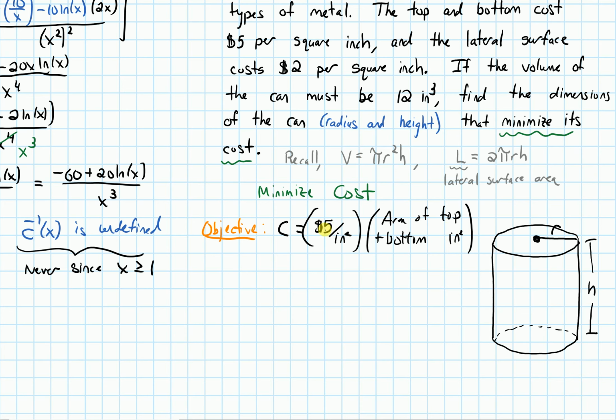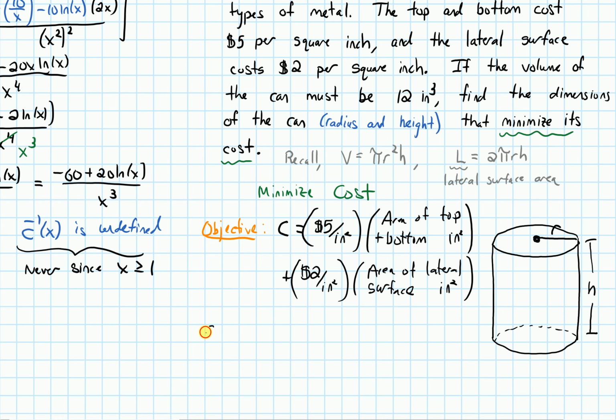This is the cost for the top and bottom. Then I add how much the lateral surface costs. It's $2 per square inch, multiplying the area of the lateral surface, again in inches squared, so again the units cancel.